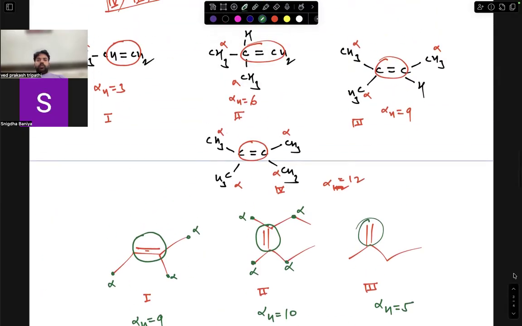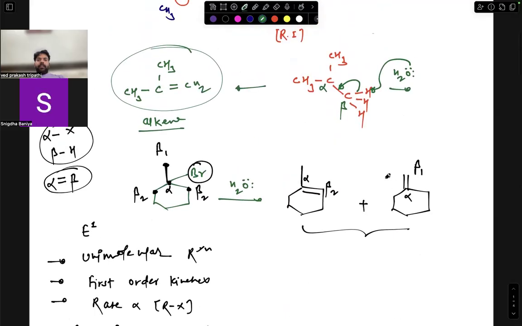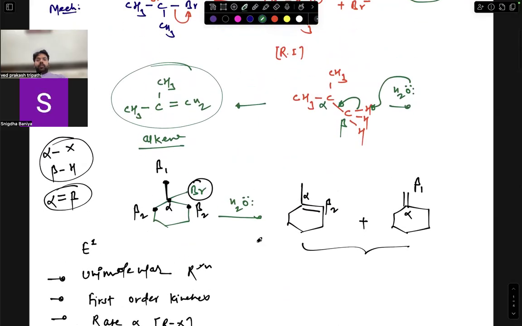So let's do this one. If you look at this problem, we have two different alkenes as products. Now we have to figure out which one is major, which one is minor, which one is Zaitsev, which one is Hofmann.